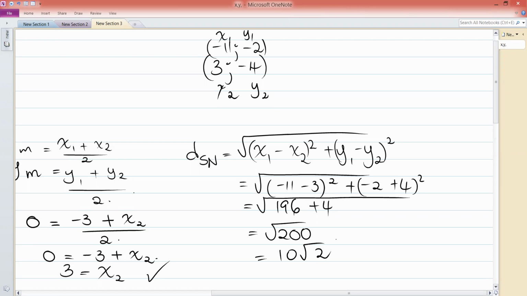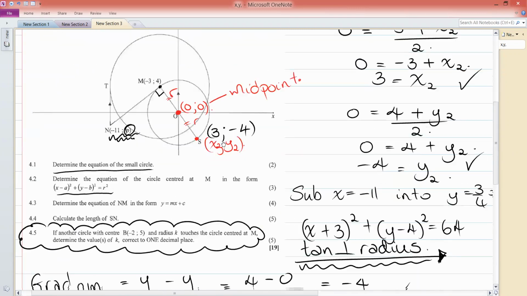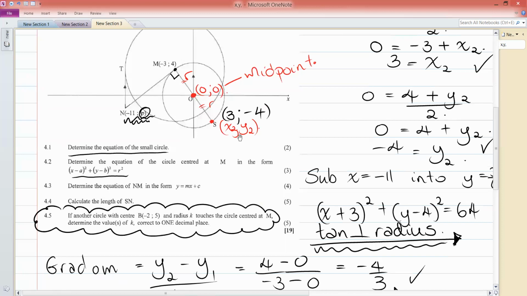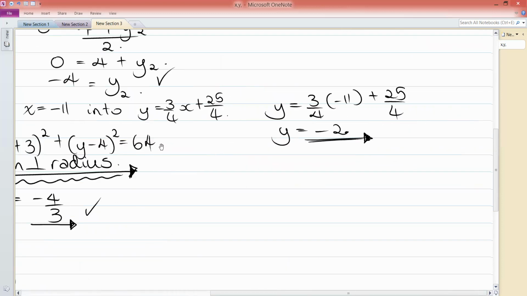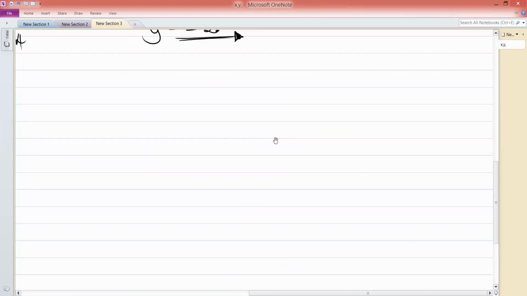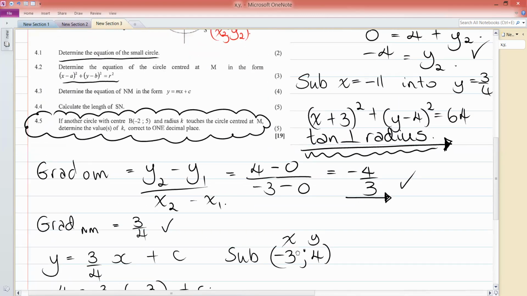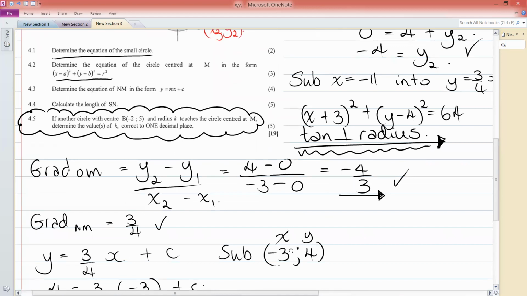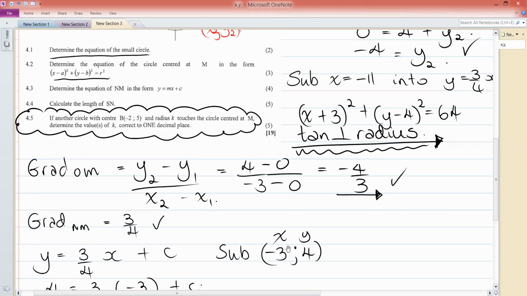Right, so I said before, this last part, I wouldn't spend too much time on it. I'll explain it, but you don't really need it for Monday. So the question was, if another circle with center B(-2, 5) and radius K touches the circle centered at M, determine the values of K correct to 1 decimal place, and it's 5 marks.